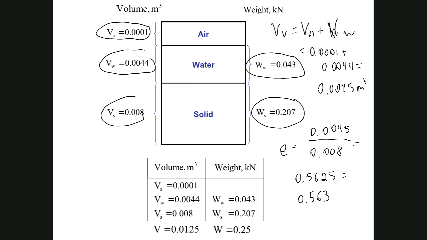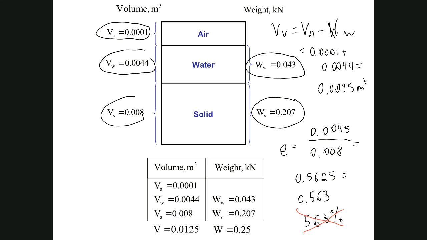Some students try to change it to percentage, 56.3%. That's wrong. So never do this, because that's going to be a mistake. Void ratio is always a ratio. Water content, yes, you can change to percentage. Degree of saturation, yes, you can change to percentage, but you don't change void ratio to percentage.